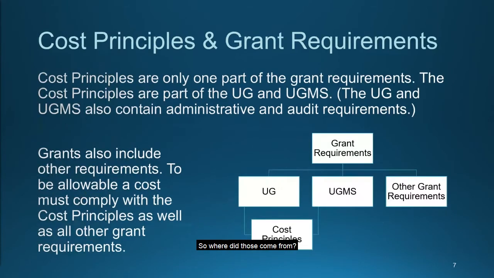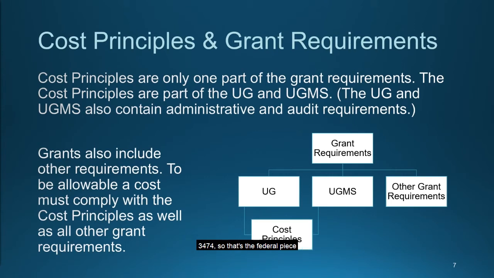So where do those come from? The cost principles come from the Uniform Guidance, or UG, which is codified at 2 CFR Part 200. You probably recognize it as one of those identifiers. And of course, the Department of Ed has codified their implementing regulations for the UG at 2 CFR Part 3474.